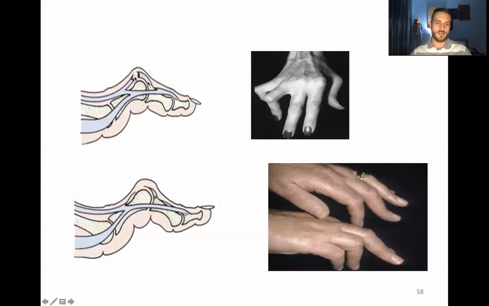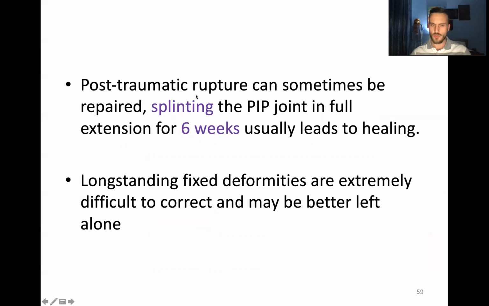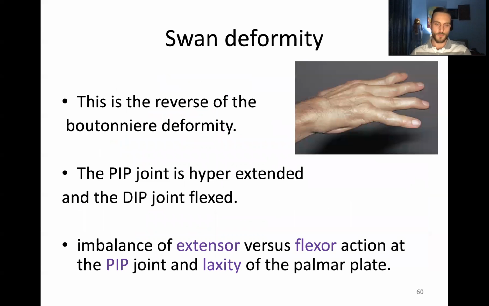So there will be hyperflexion of the PIP and extension of the DIP. This is called boutonniere. What to do? Splintage for 6 weeks. If there are long-standing deformities, they might be corrected, or might be left alone. It depends on the function and the presentation of the patient.